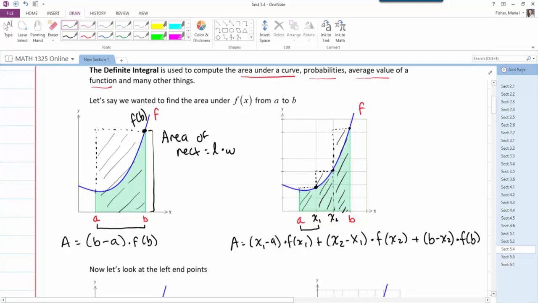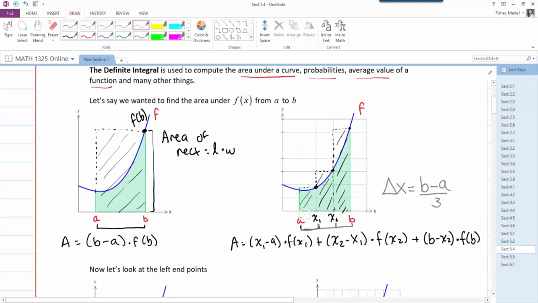Now, another way I can write this is to make these rectangles have equal width. If the rectangles have equal width, then the distance from here to here should equal the distance from here to here, which should equal the distance from here to here. Since I have three rectangles, the width of each is b minus a all over 3.